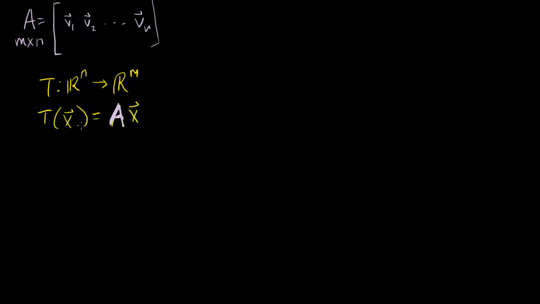So the first thing you might say, Sal, gee, this transformation looks very odd relative to how we've been defining transformations or functions so far. So the first thing we have to feel comfortable with is the idea that this is a transformation. What are we doing? We're taking something from Rn, and then what does Ax produce? If we write x as x1, x2, it's going to have n terms because it's in Rn. Ax can be rewritten as x1 times v1 plus x2 times v2 all the way to xn times vn.